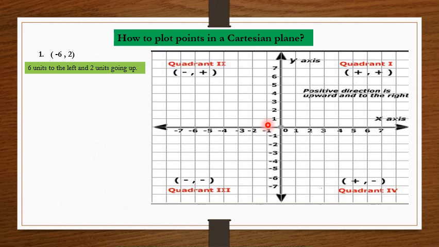We count 6 units to the left. So this is the origin. 1, 2, 3, 4, 5, 6. Okay, and then we go 2 units up because it's +2. 1, 2. Therefore, the point is here.